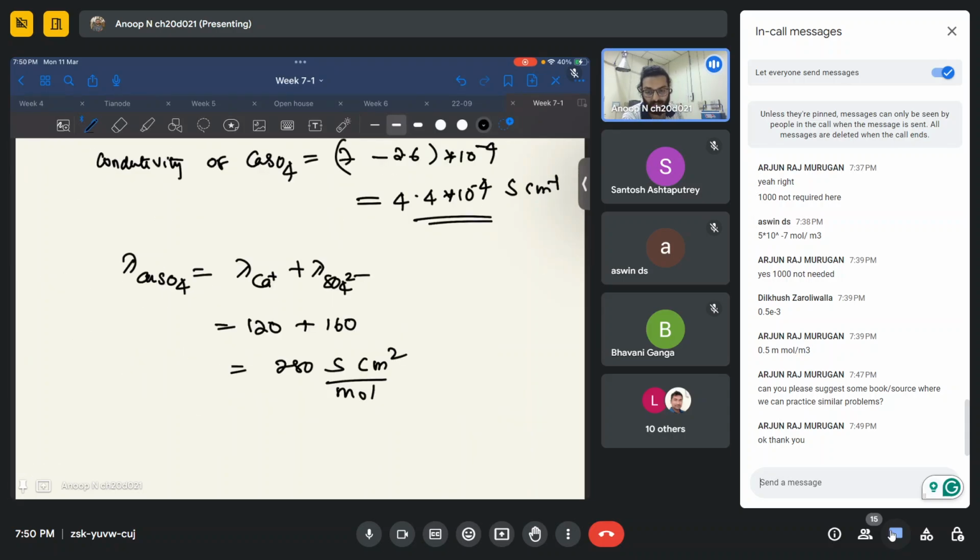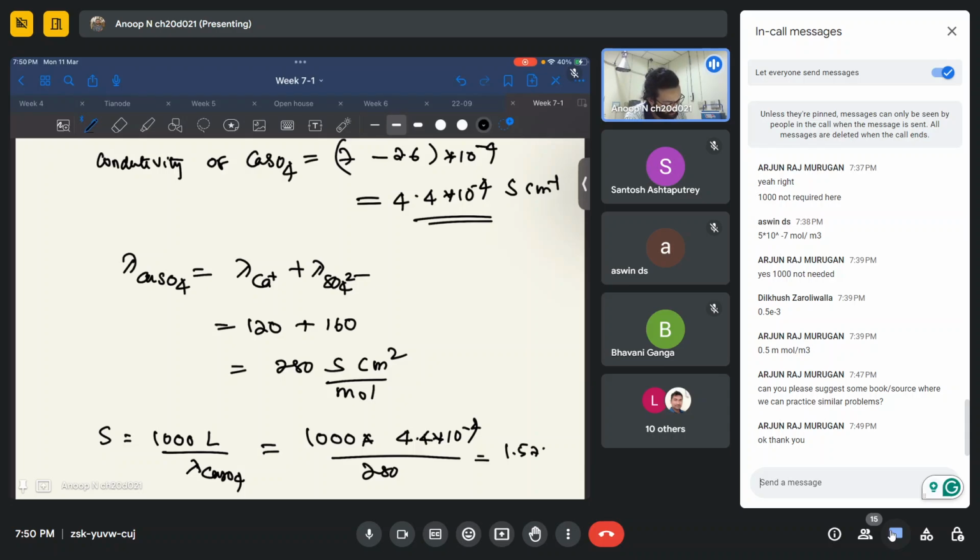Once we calculate this, we can directly calculate solubility. Solubility S is equal to 1000 kappa by lambda CaSO4, which is 1000 into 4.4 into 10 raised to minus 4 divided by 280. The answer will be 1.57 into 10 raised to minus 3 mole per liter.